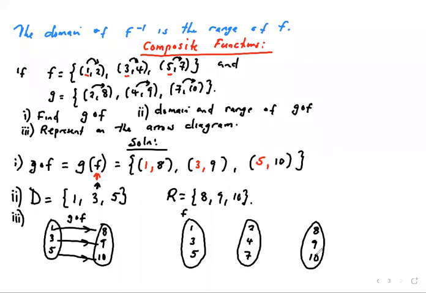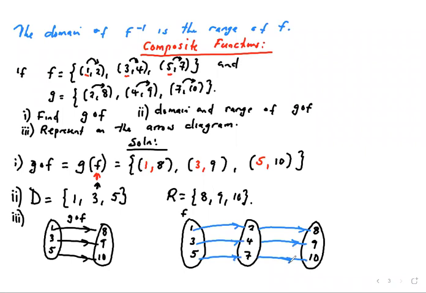Here we are saying F moves 1. So F moves 1 to 2, and then G moves 2 to 8. So 3 to 4, then 4 to 9. 5 to 7, then 7 to 10.